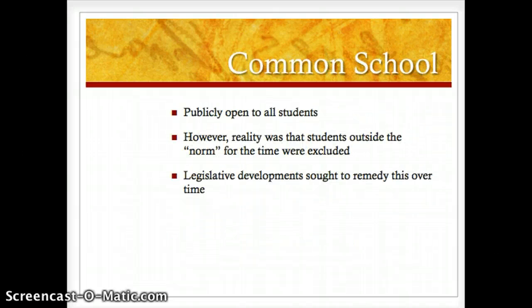The first is what we call the common school or public school. This system was developed with six fundamental ideas: that the public needed to be educated by the government. First, there was a need for public education, and it should be controlled and paid for by the public.